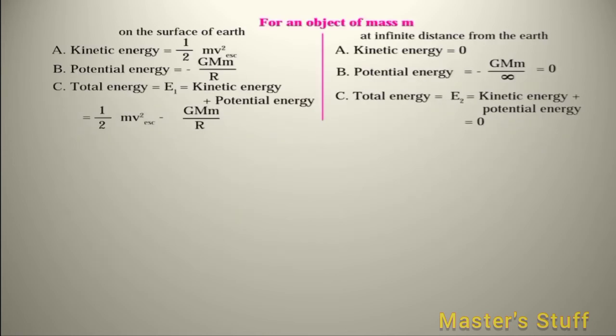For an object of mass m on the surface of the earth, kinetic energy will be equal to half mv square, potential energy equal to minus GMm upon r, total energy equal to kinetic energy plus potential energy, which is equal to half mv square minus GMm upon r.